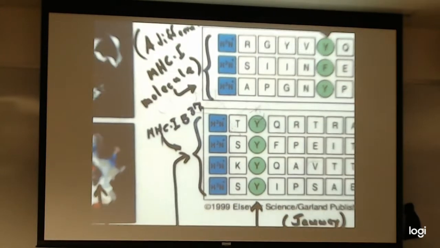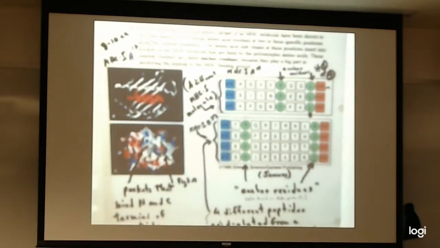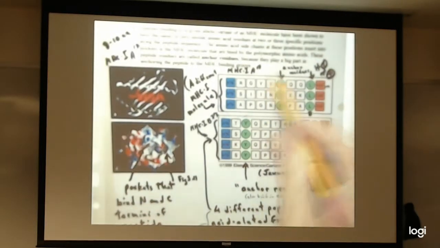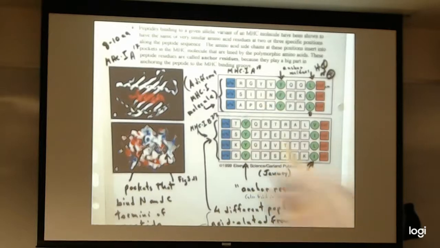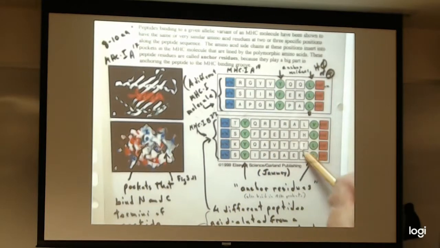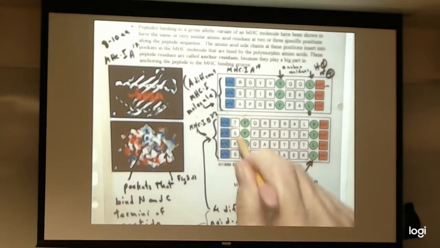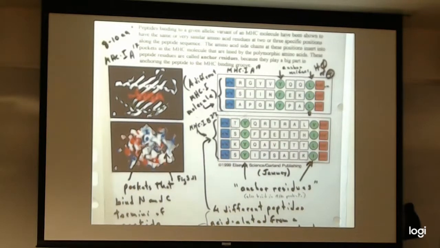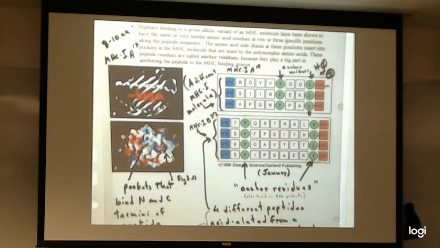There will be a question on the second exam where I may show you this picture and I'll say, what is the significance of the fact that this peptide has to have tyrosine here or valine or isoleucine here? And you'll tell me, oh, these are anchor residues and they share common properties, and they'll fit into a little slot or pocket on the surface of the MHC1 molecule.